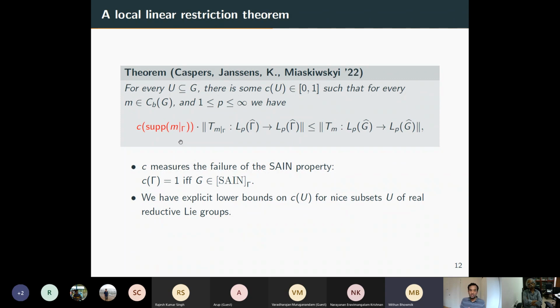That is, C of the whole subgroup gamma is equal to 1 if and only if the group in fact has this small almost invariant neighborhood property. And we have explicit lower bounds on what C should look like for nice subsets of real reductive Lie groups.